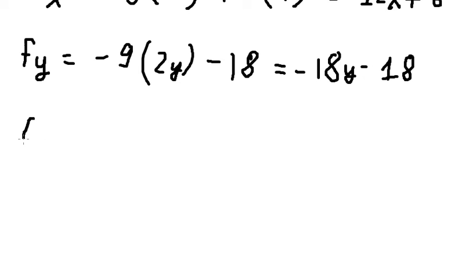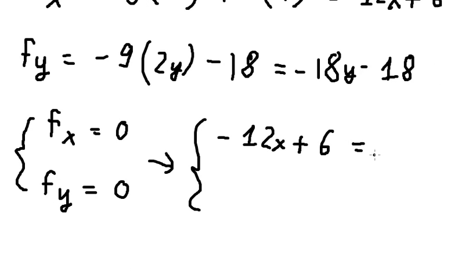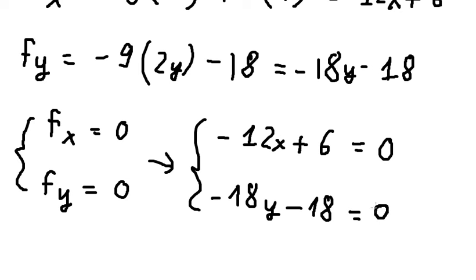So the next one, we put this one equals to number 0. That means this one equals to number 0 and this one equals to number 0.